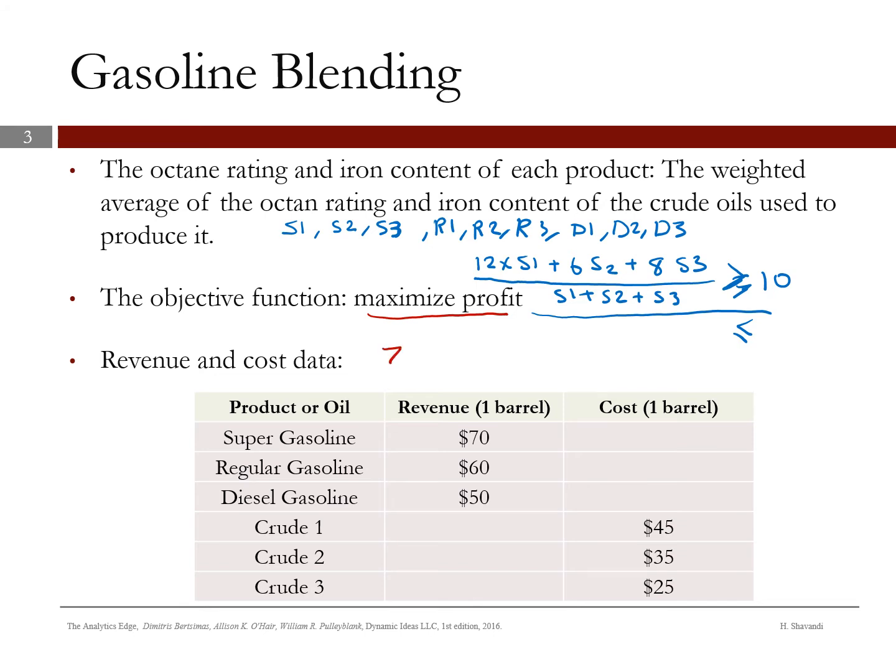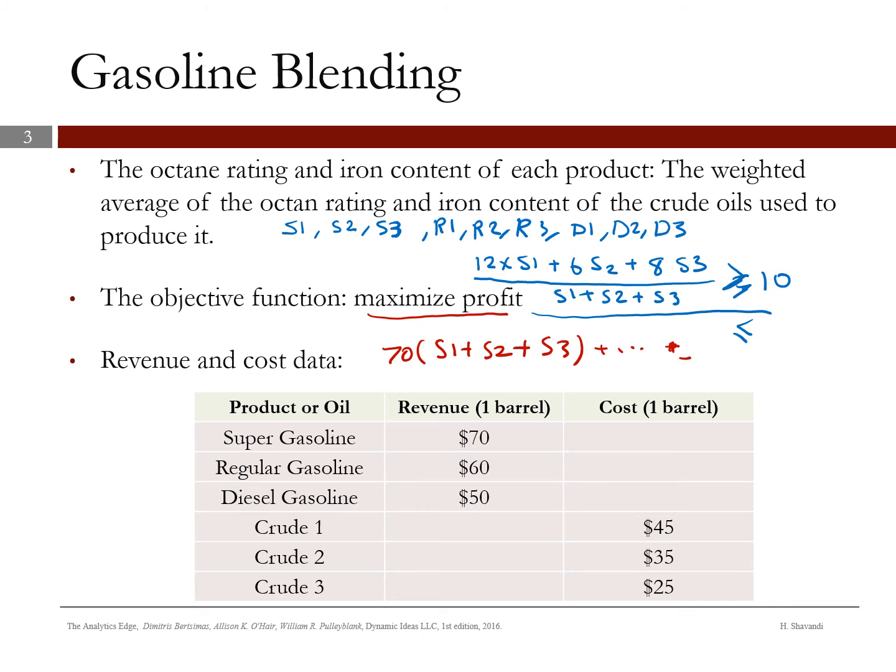So it would be 70 times (S1 plus S2 plus S3). This is the total production of super gasoline, right? This is our income. But when it comes to the cost, we have the same terms for other products, and then we have the cost terms.